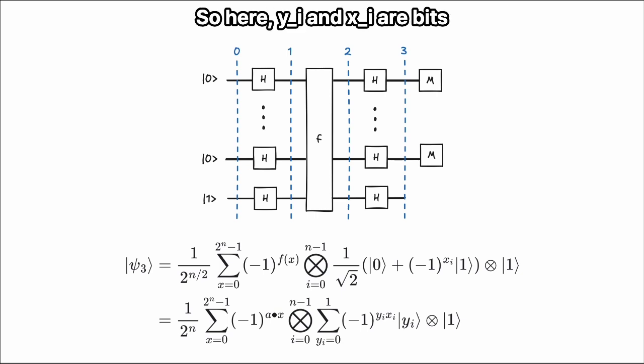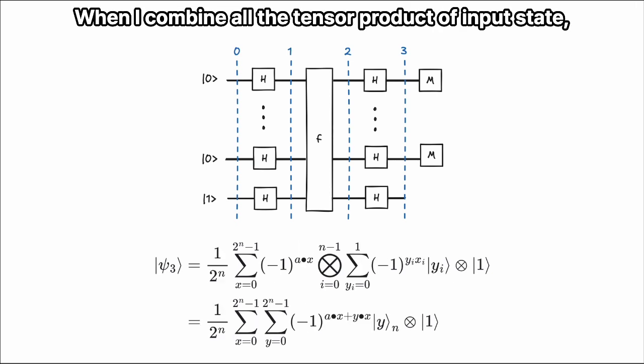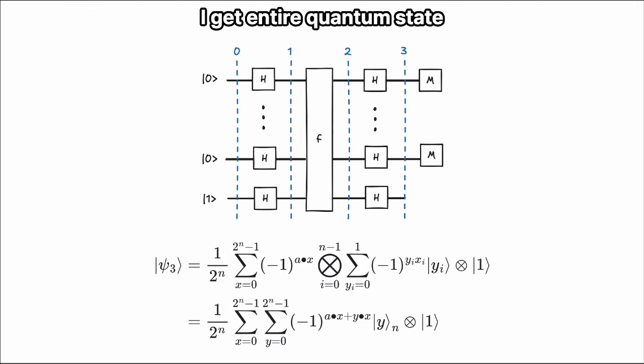Here yi and xi are bits and we're taking normal multiplication. When I combine all the tensor products of input states, I get the entire quantum state ranging from 0 to 2 to the n minus 1, but we have a sign change depending on what yi and xi are.